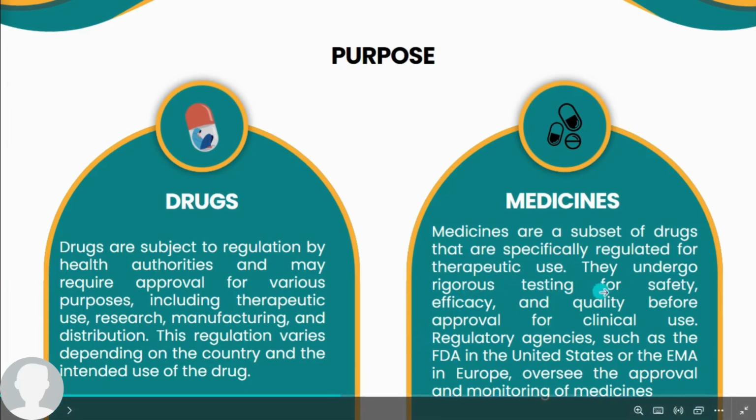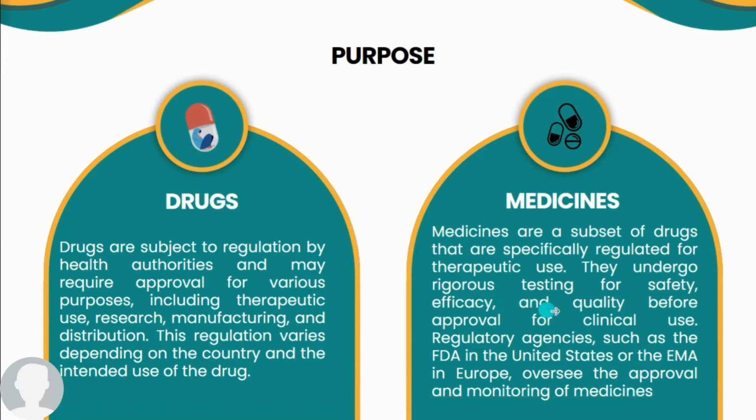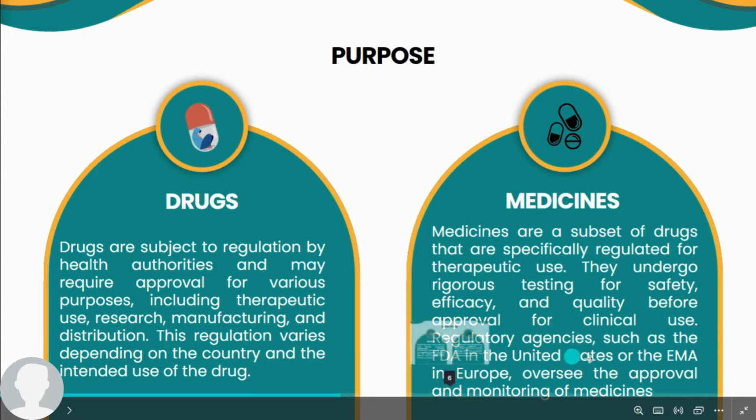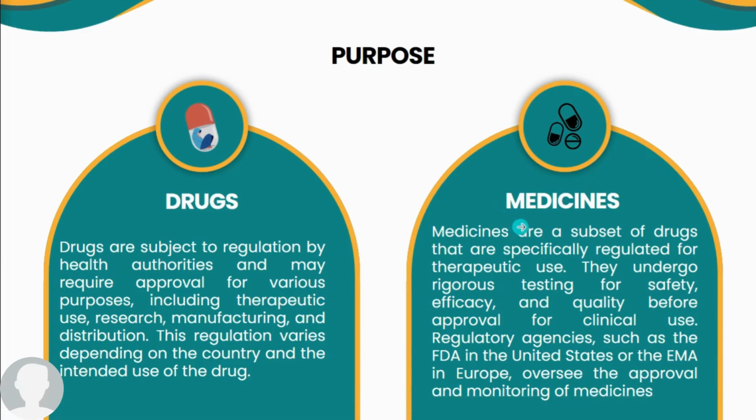They undergo rigorous testing for safety, efficacy, and quality before approval for clinical use. Regulatory agencies such as the FDA in the United States or the EMA in Europe oversee the approval and monitoring of medicines. So you can say that the purified form of a drug is medicine, or the subset of drugs is medicine.